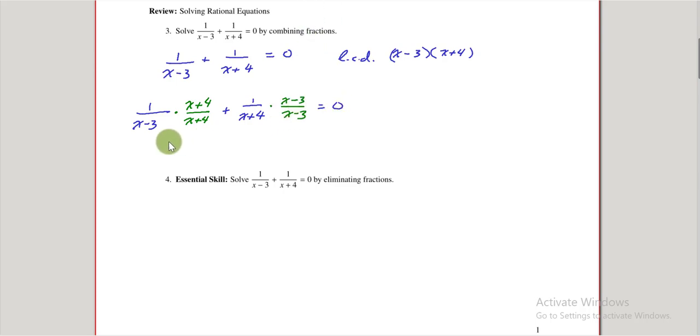This gives me, for the first fraction, x plus 4 all over x minus 3 times x plus 4, plus x minus 3 all over x minus 3 times x plus 4.